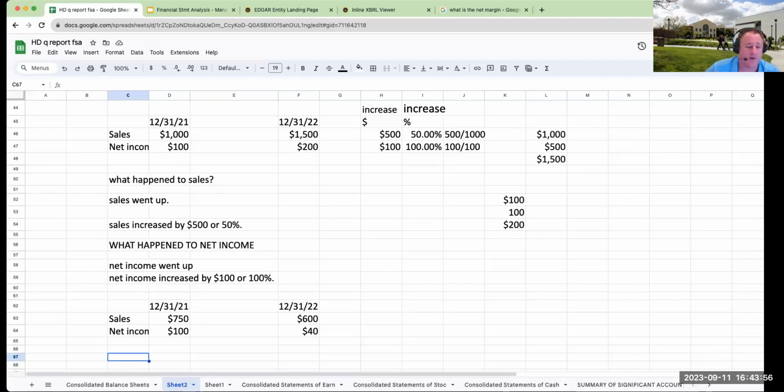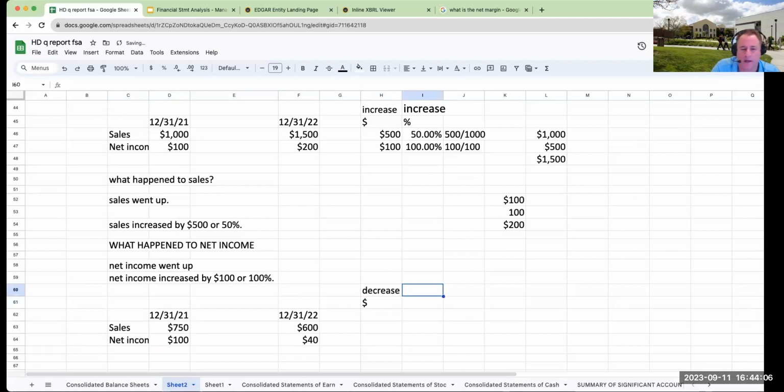If we say sales went down, you would be partially correct, but you have to show the percentages. So we're going to have a decrease as a dollar amount and a decrease as a percentage. My decrease as a dollar amount is going to be 150.